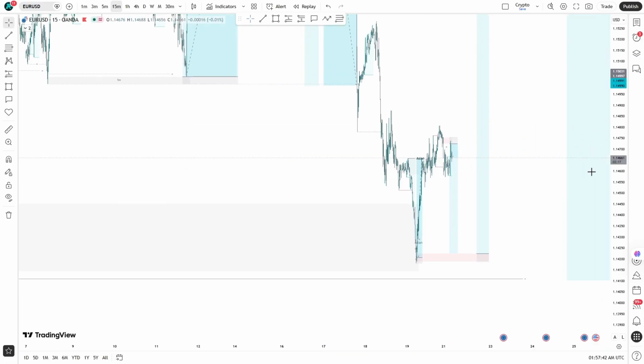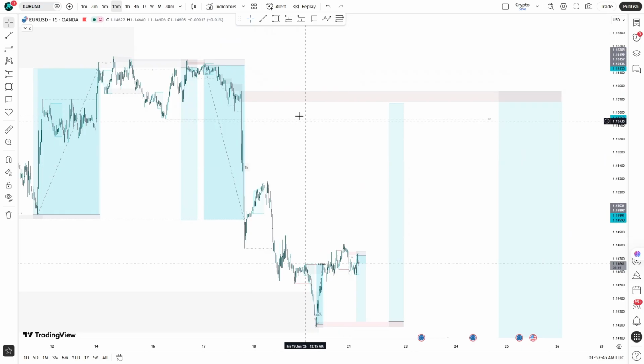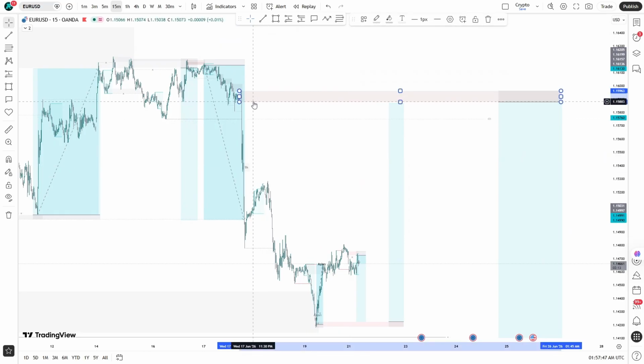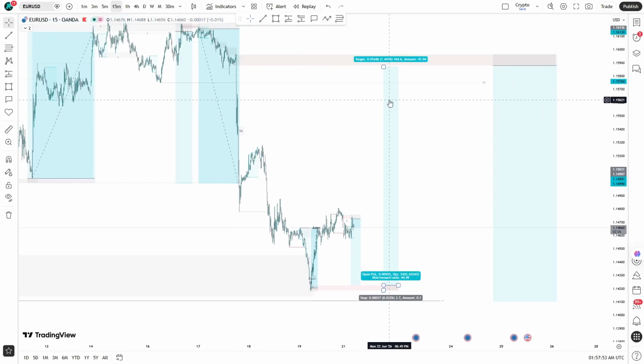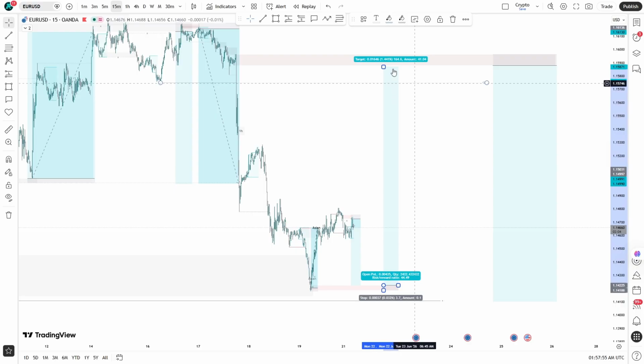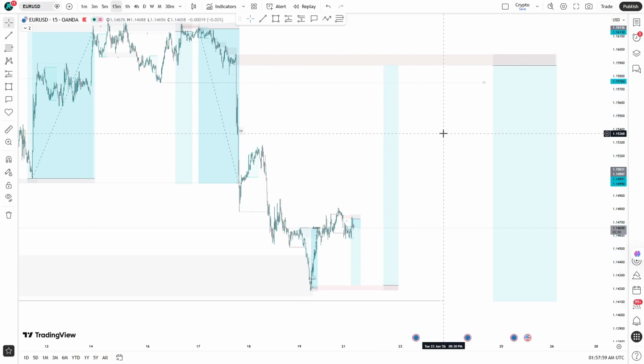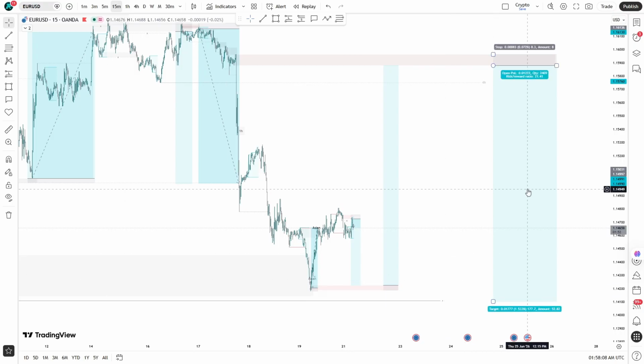Then we'll trade from there to this 1 hour supply, which is like 1:45. Then we'll trade from this 1 hour supply to this swing low, which is 1:20, 1:21.